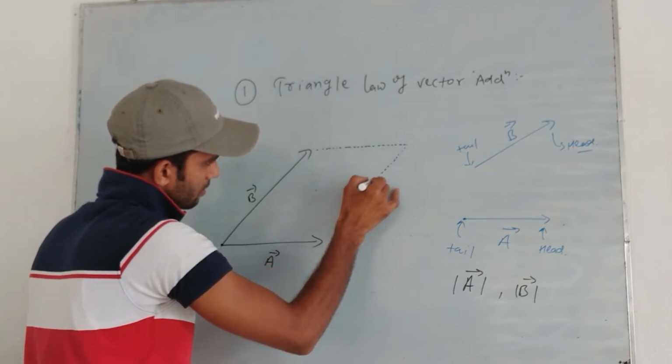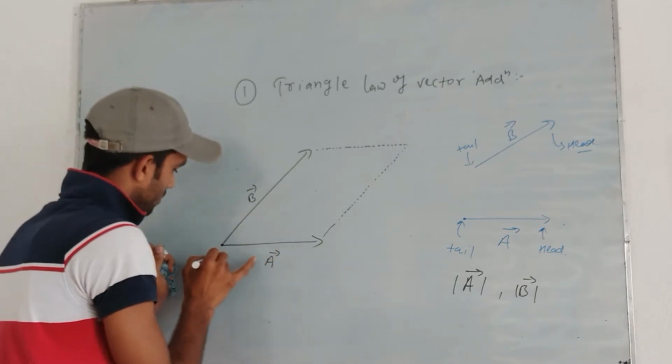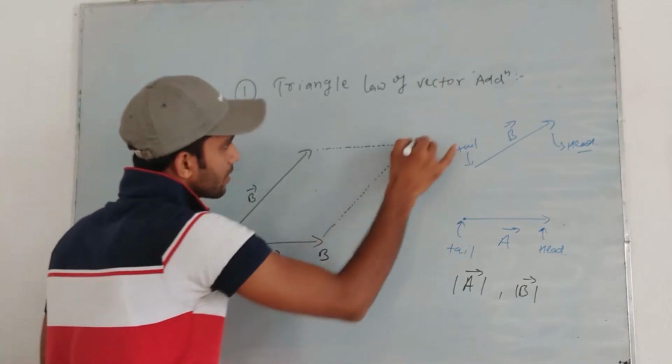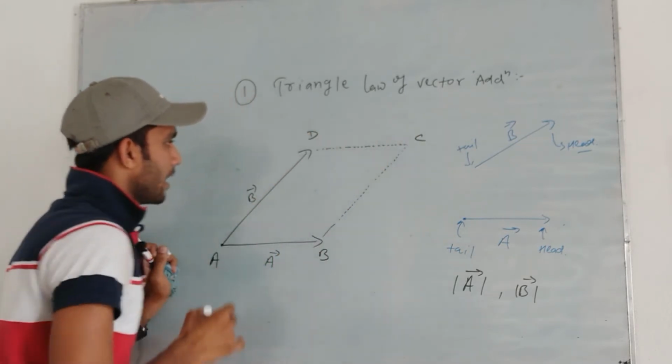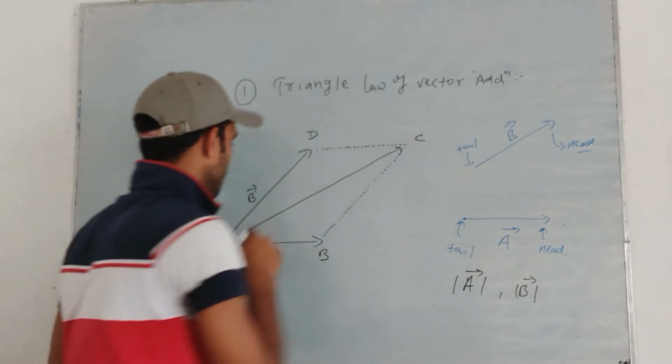So this is your parallelogram. So these are points A, B, C and D, right? Draw the diagonal from this point.